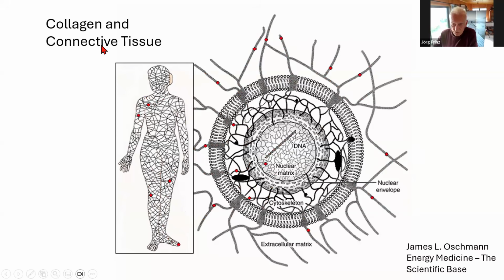Collagen comes in strong bands like tendons and things like that, but it goes through the whole tissue, through all tissues, through all cells. So this is collagen coming in there, these gray things, and they go through the cell wall. And inside the cell, they get even thinner, and they form a skeleton, a cytoskeleton, and they even connect down to the cell nucleus, to the DNA.